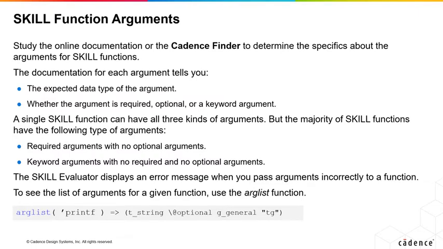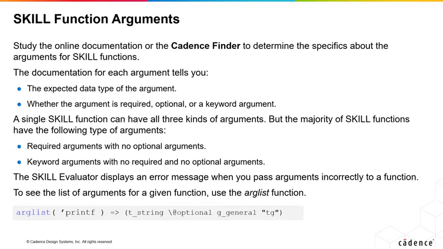And then the Skill evaluator will display an error message when you pass arguments incorrectly to a function. So if you pass in the wrong type of data or the wrong number of arguments, you will get an error message. And if you would like to see the list of all arguments for a given function, you can use the built-in function called arglist. So you would specify arglist and pass in the function with a single quote in front of it.